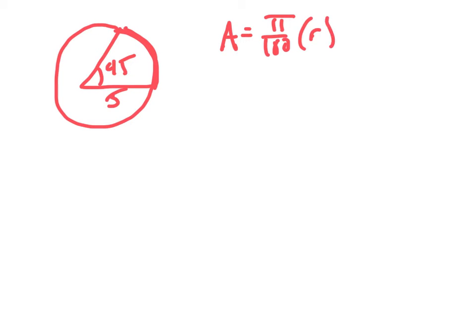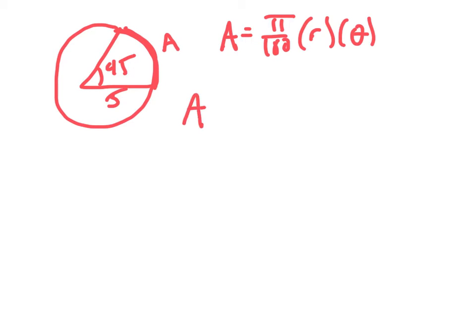Now here's number 1 on the arc length problems. It gives you a circle. It says that this angle right here is 45, and this is 5 miles. So if I want to figure out what this arc length is, I'm going to use the formula that arc length equals pi over 180 times r times theta. So I'm trying to figure out what is a, or my arc length.